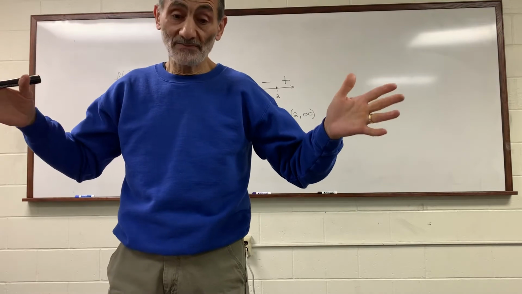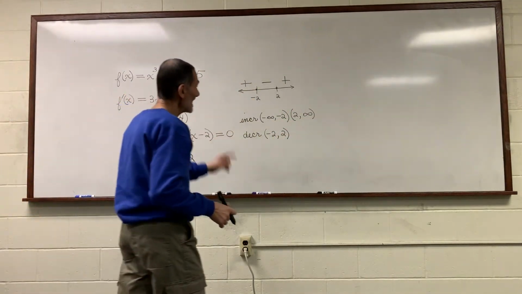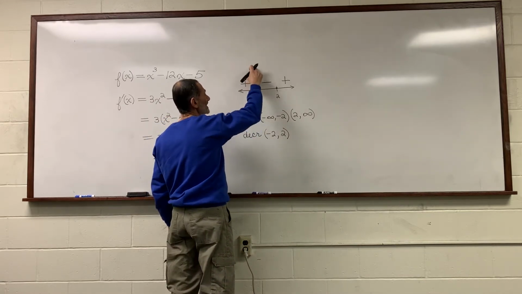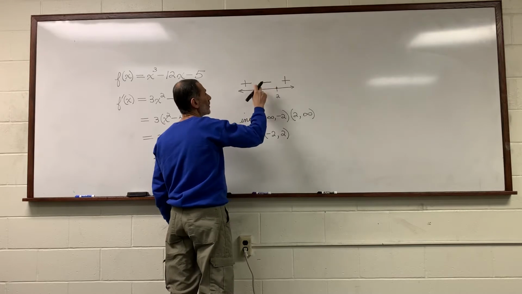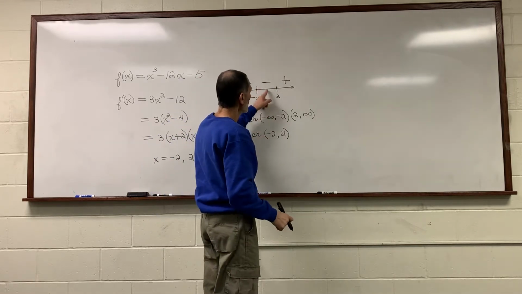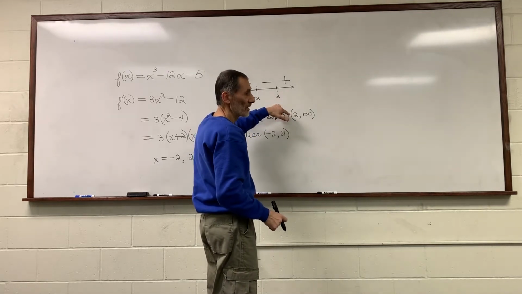first derivative test. And the first derivative test tells us if the function goes from increasing to decreasing, we have a local maximum. If the function goes from decreasing to increasing, we have a local minimum.